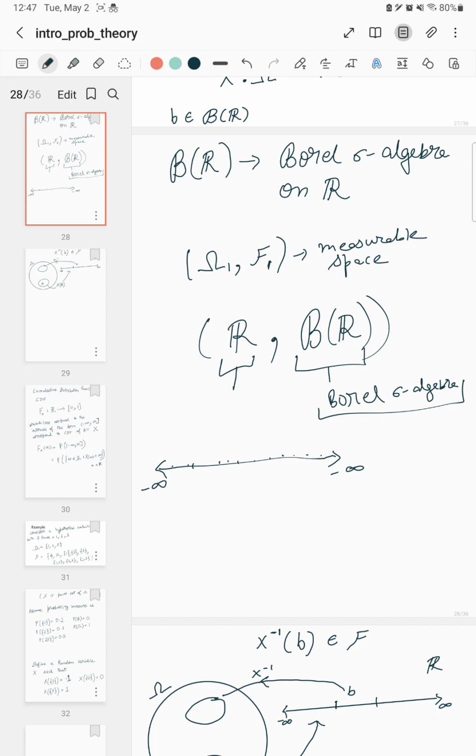Borel sigma algebra is nothing but the sets formed from open intervals from A to B like this. The set of all such sets forms a Borel sigma algebra. So this, for example, is a Borel set.